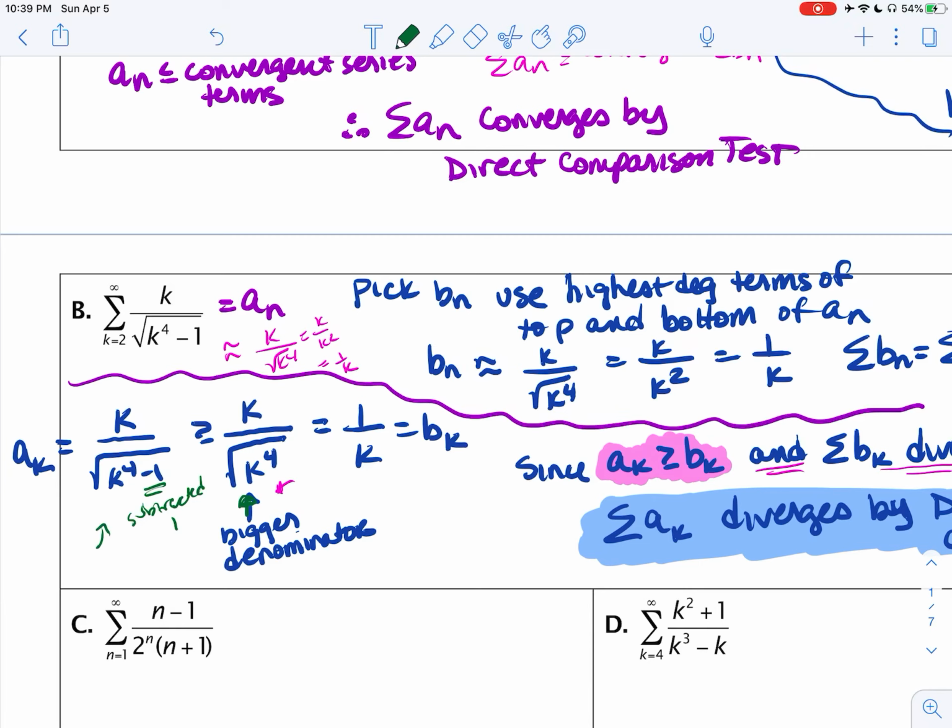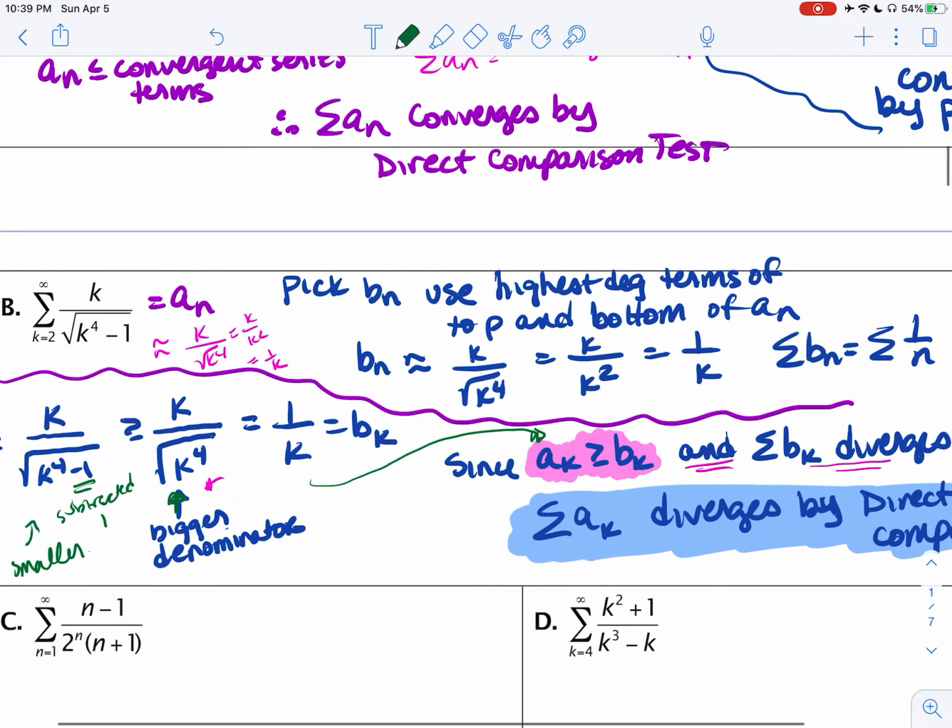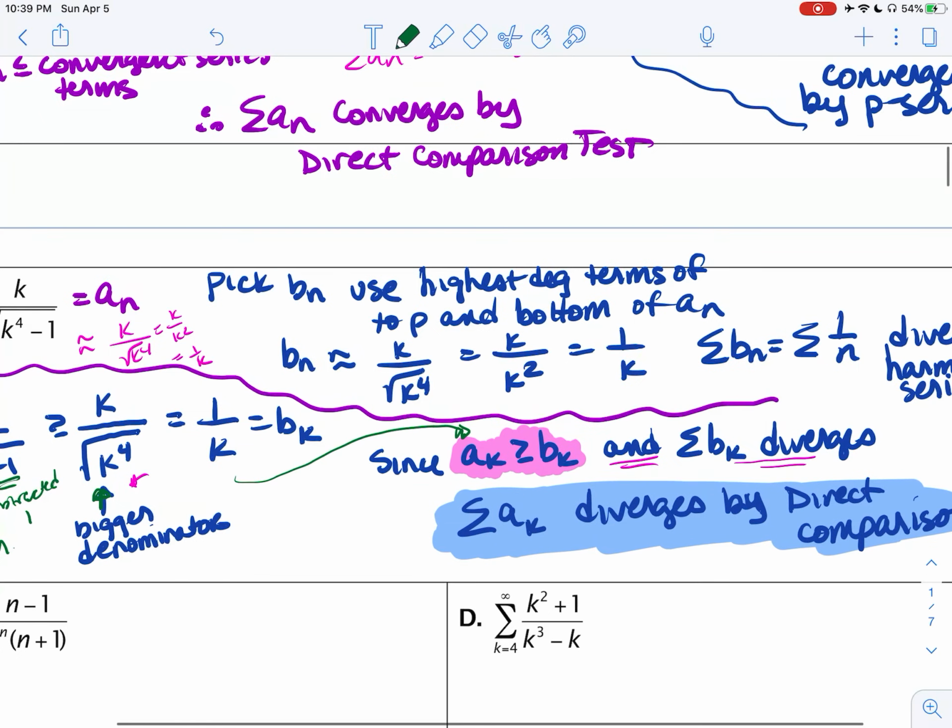So that's smaller. And we do have the same numerator. We can simplify that k over the square root of k to the 4th. That's equal to 1 over k, and that's b sub k. So since my a sub k is bigger than or equal to b sub k, and I know that b sub k diverges, then I make my conclusion that a sub k also diverges by direct comparison.